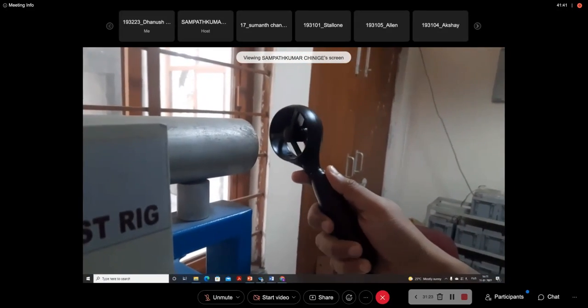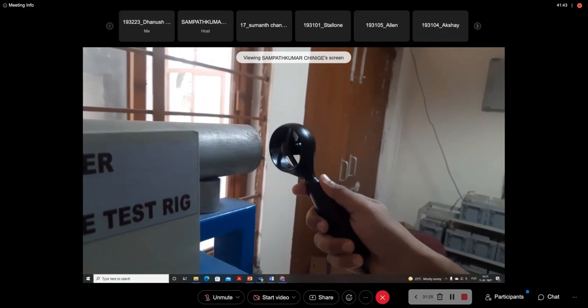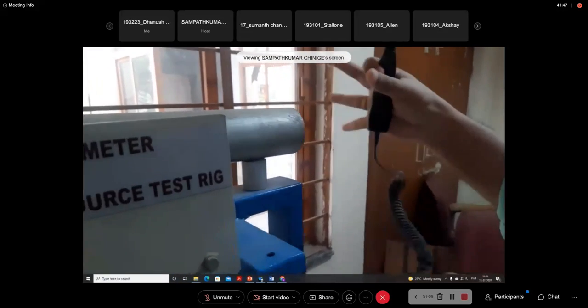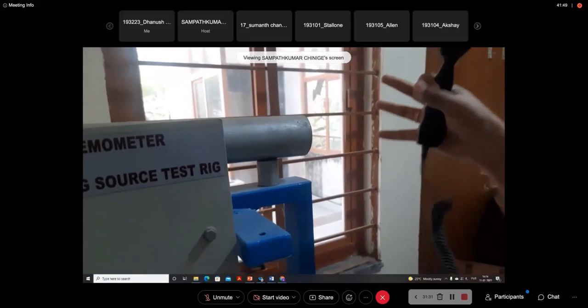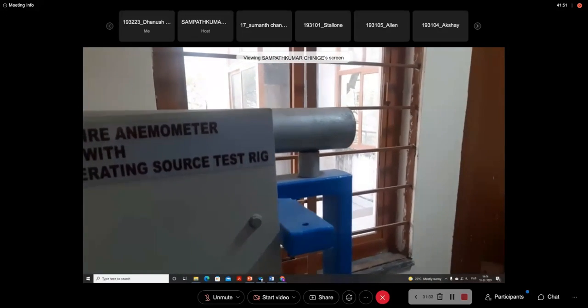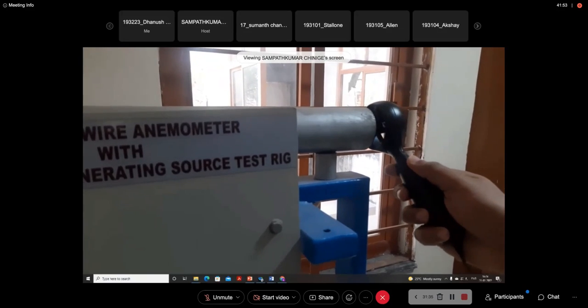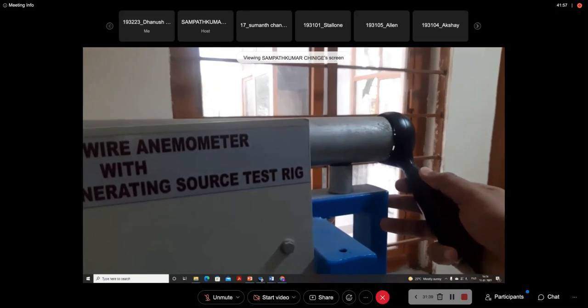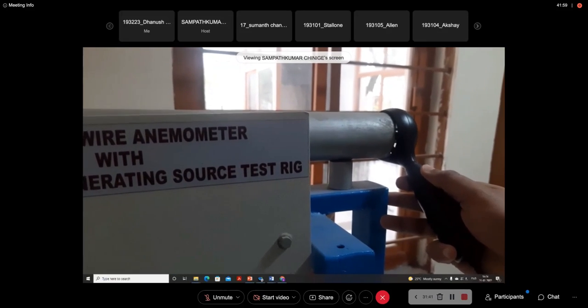If you do it out here, are we going to get the same velocity? No, because the air has already spread, so whatever velocity we measure will be wrong. We have to measure it right at the exit, before the flow spreads. Now you measure the velocity.